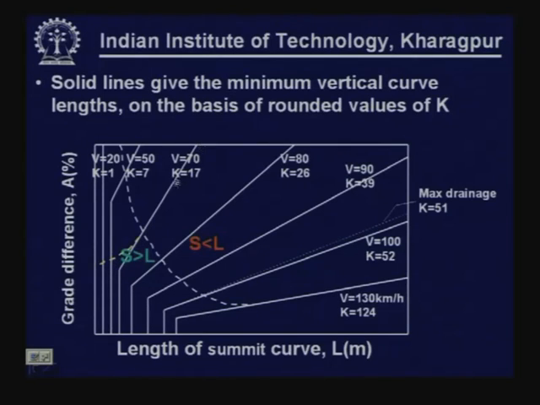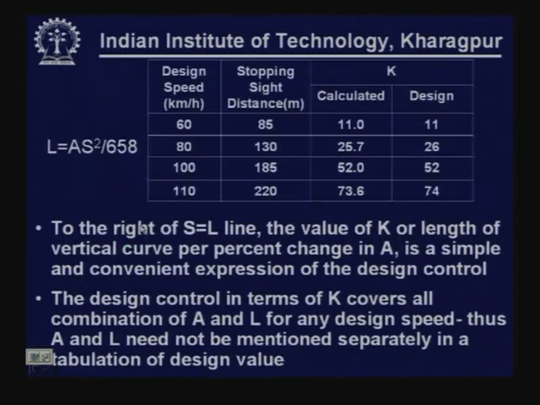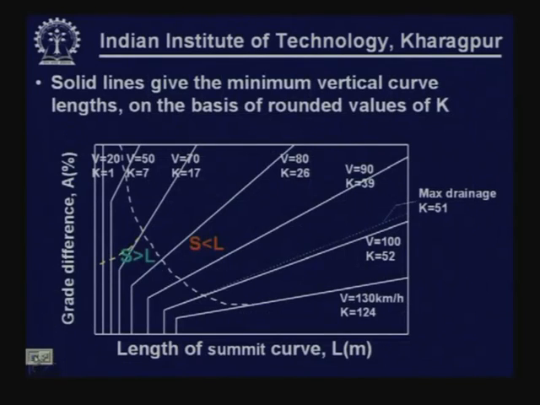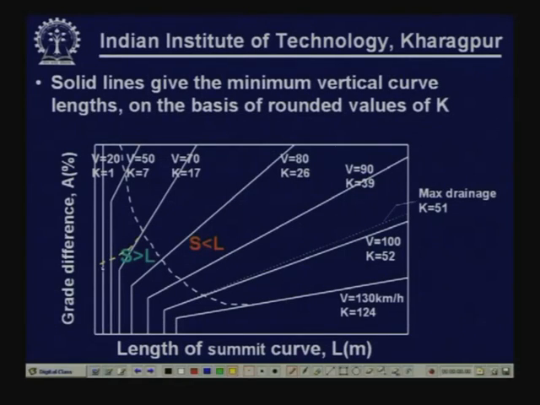So, for speed 70, up to this point it is a straight line, and beyond that it is a dotted line, as shown in this case.